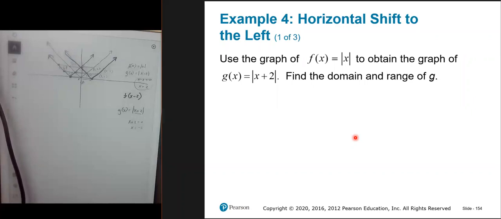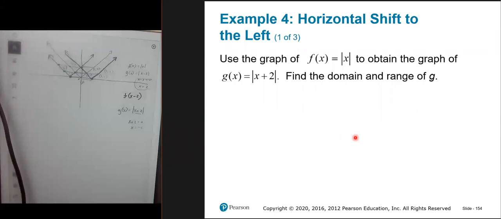So a vertical shift is changing the y values, and a horizontal shift is changing the x values. Now, for a shift up, you're adding, but to get a horizontal shift to the right, you're subtracting.